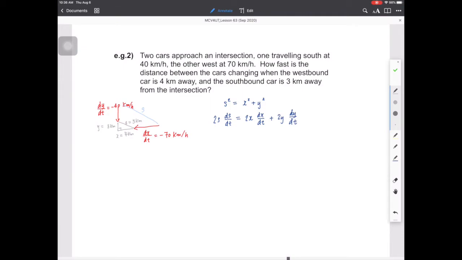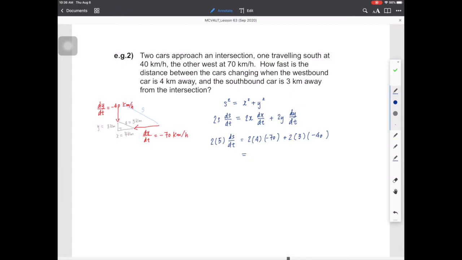We can also substitute the speed of these cars. So here we go. 2 times 5 ds by dt is equal to 2 times 4 times negative 70 plus 2 times 3 times dy by dt, which is negative 40. Let's simplify that.